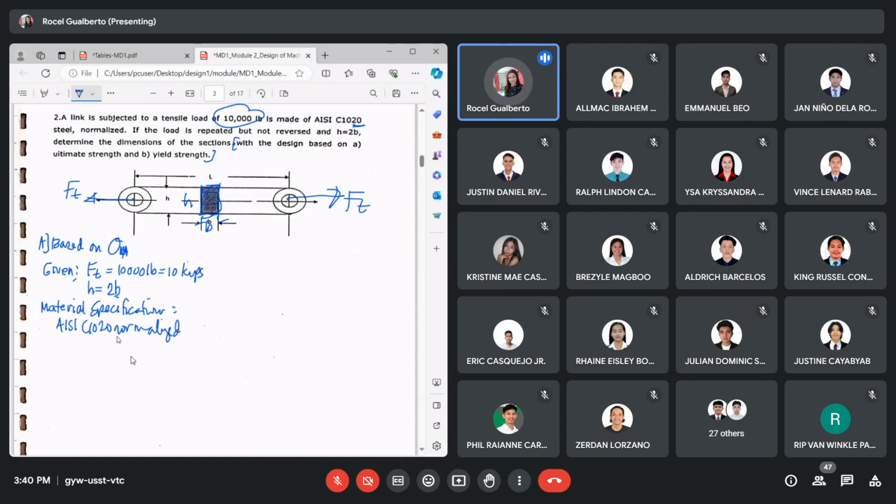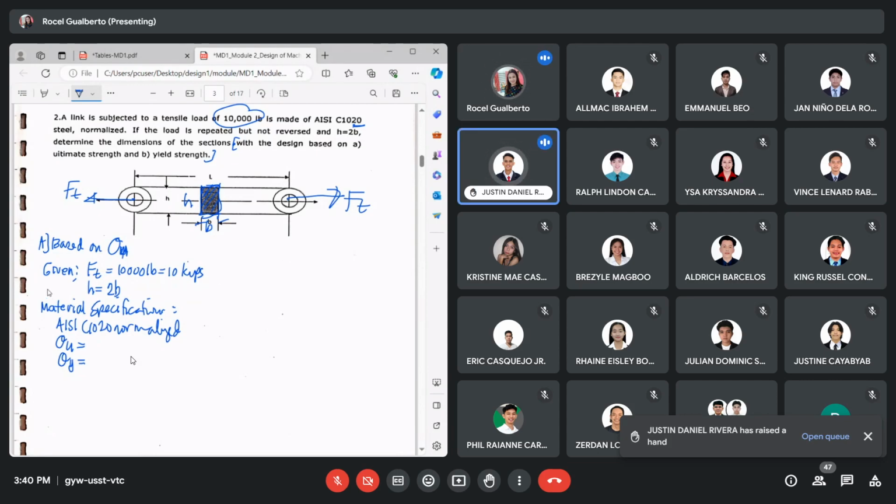Ano po ang kasunod? As to strength. So, you need to look for sigma U and sigma Y values. Pakihanap po doon sa design tables po natin. What would be the value of sigma U for 1020 normalized? Same thing with sigma Y. Yes, Justin? 64 kips and 54 kips po.